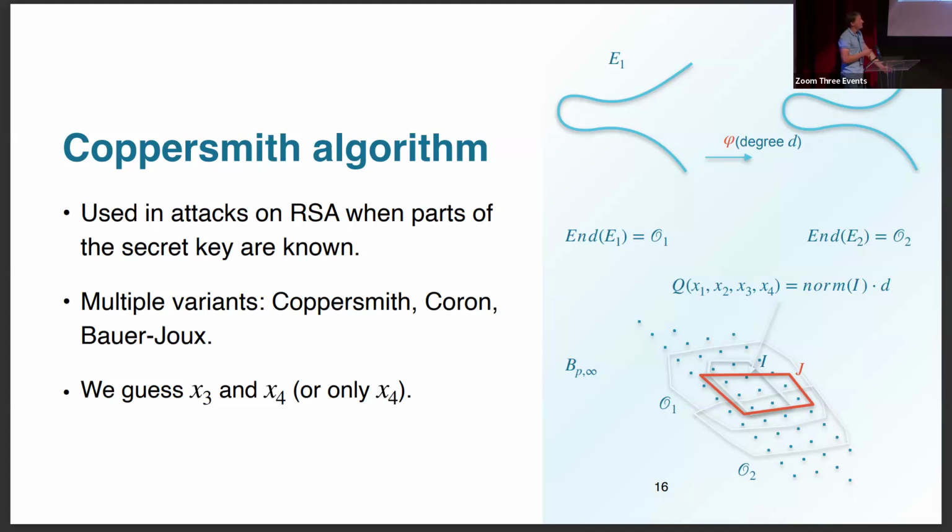So the idea of these algorithms is that you have the original polynomial, so this quadratic form here, and in our case, if you guess two variables, you have a polynomial of two variables, and then you want to obtain another polynomial which has the same zero as this original polynomial, and then you can use the resultants to compute this zero.